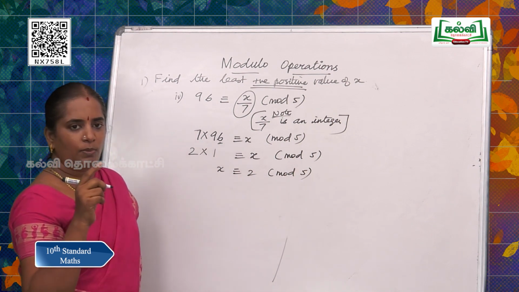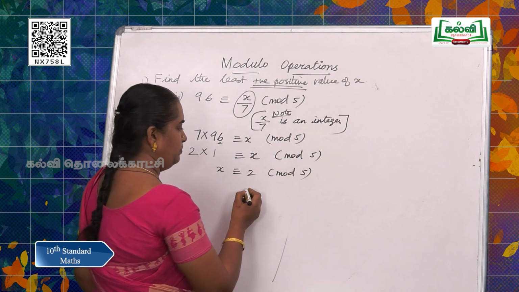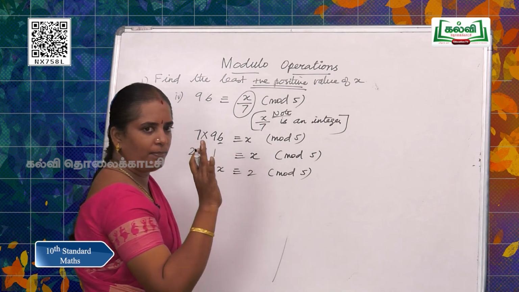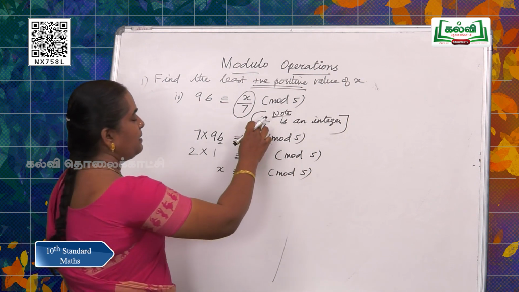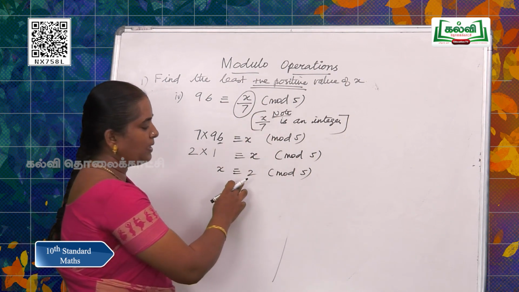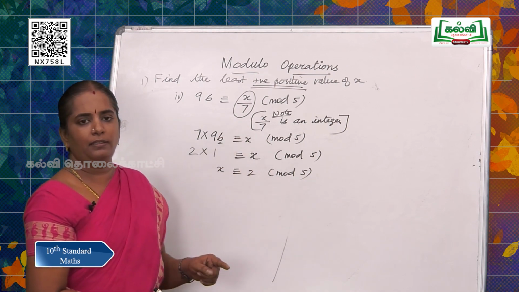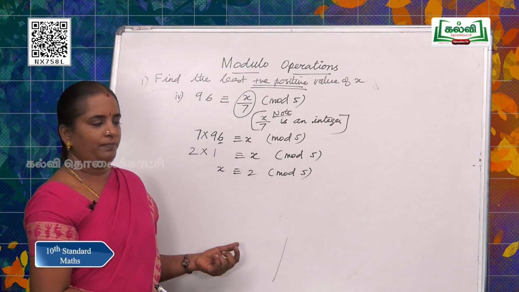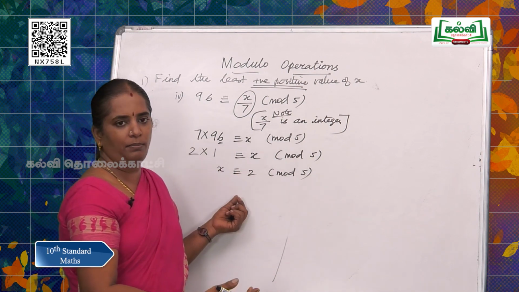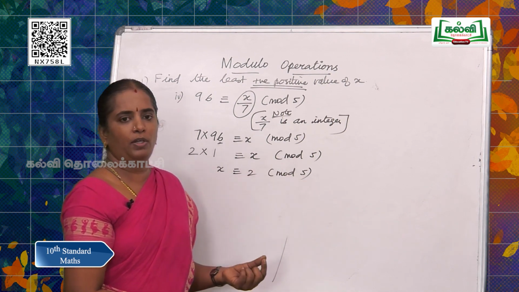Since we need the smallest, that is the least positive value, we will be stopping at 2. But we have to take note that x by 7 is an integer. So, if you substitute 2 in this place, it comes as 2 by 7, which is not an integer. So, what should we do? We have to move on to the next number which is congruent to 2 in the same modulo 5.